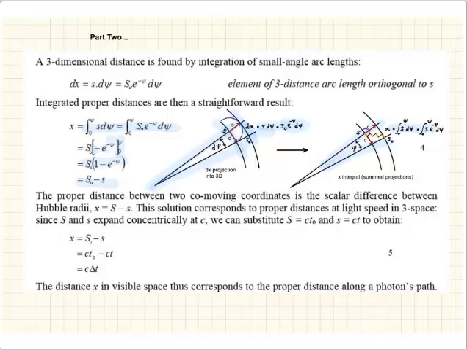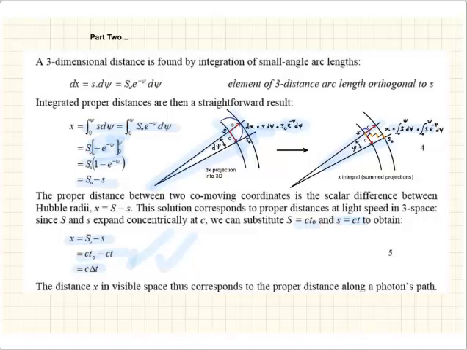Then, when you substitute in the expansion equation, equation 1 in fact, which is the Hubble radius expanding at the speed of light, you get a simple difference in light travel times, c delta t, which is the standard null metric, distance at light speed, the most basic distance along a light cone. So that checks out as the natural correct answer for a visible distance, and it has this exponential law built right into it.